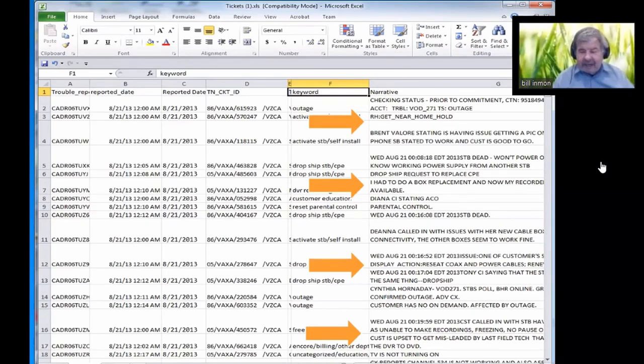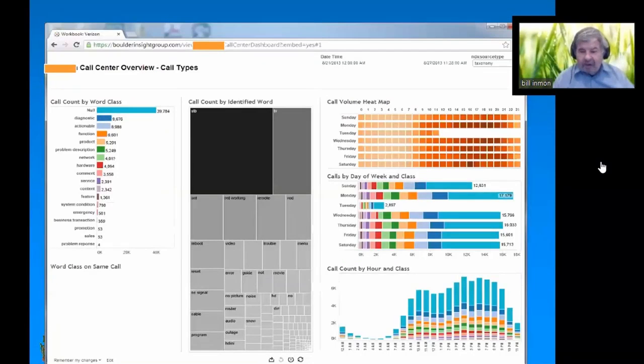Because if you read 5,000 or 6,000 comments, you can't remember anything that anybody has said. So trying to manually read all of these pieces of information is not something that is worthwhile or useful to do.